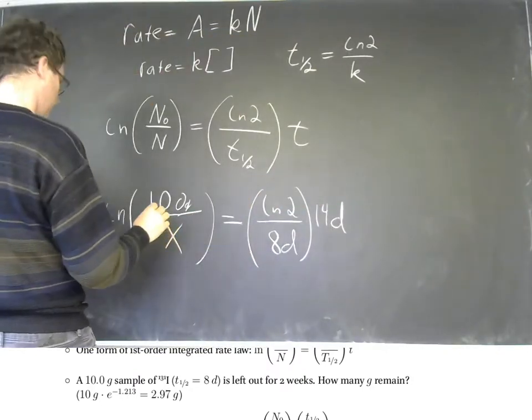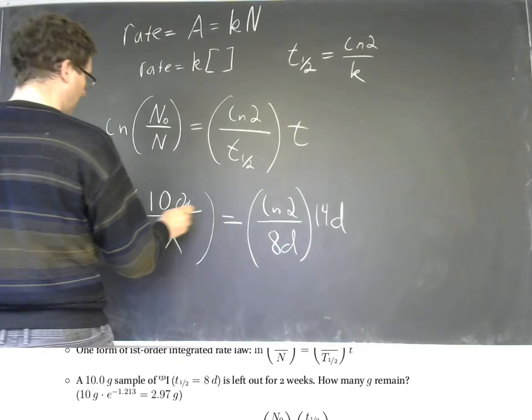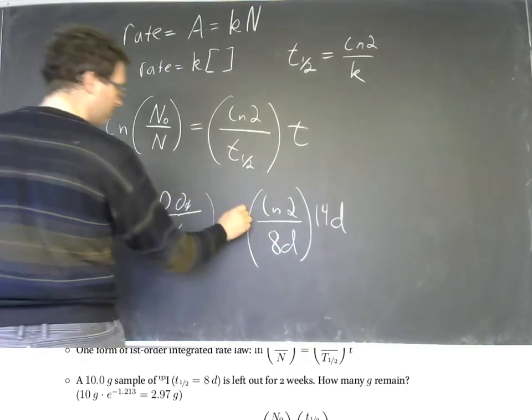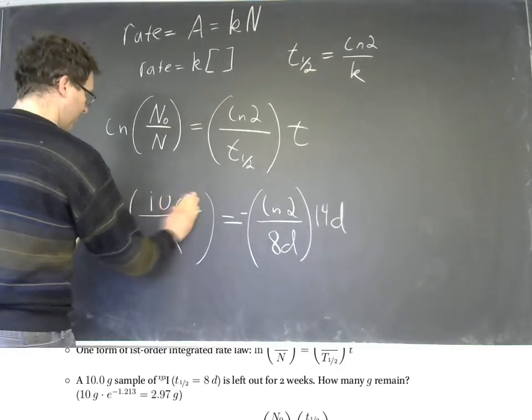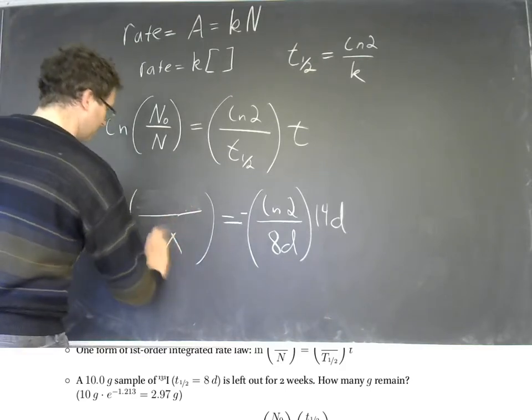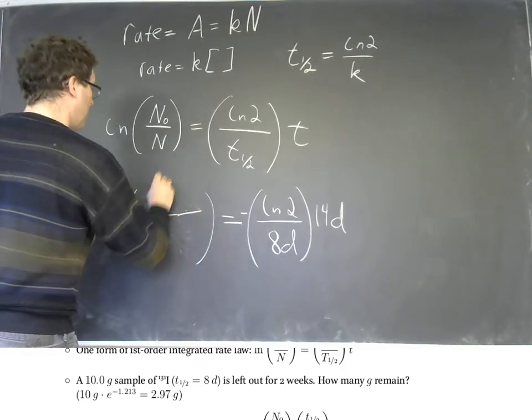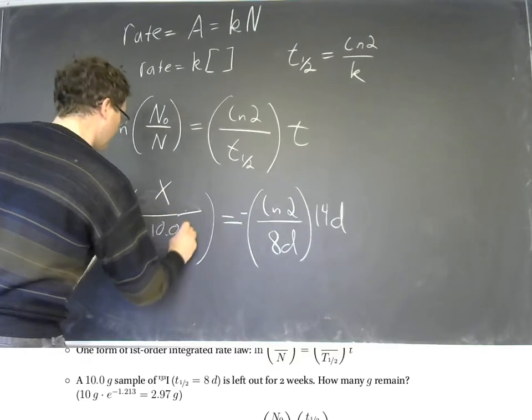Okay, so in the end, what you can do is you can change this into a negative and invert these two. That'll make it a little easier to put the X on top and the 10.0 grams right there.